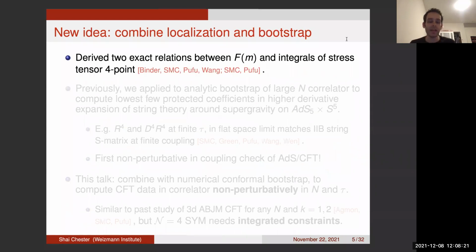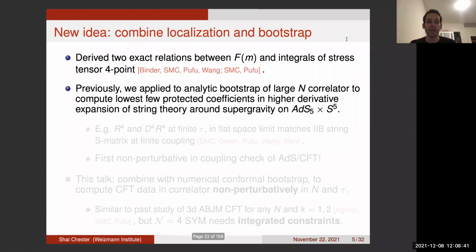So the new idea of this talk is just to combine these two non-perturbative approaches, which is localization and bootstrap. In the last few years, with various collaborators, I derived two exact relations between the mass-deformed free energy, the thing which localization computes, and certain integrals of the stress tensor 4-point function.